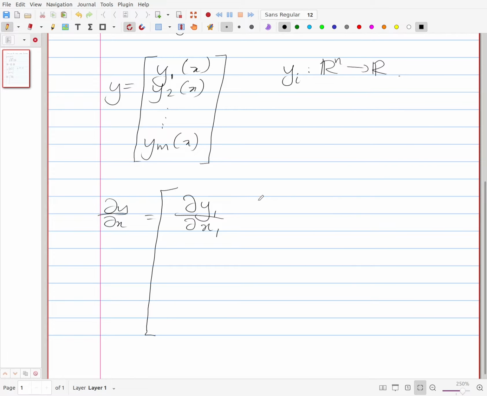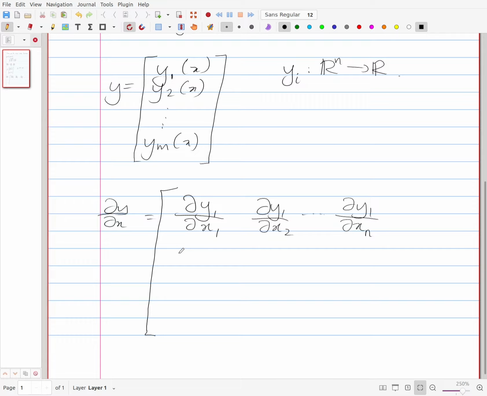And in the next column, we're going to take the partial of y1 with respect to x2, so with respect to the second x component, and so on. And the last entry here will be the partial of y1 with respect to xn, right? Because x has n components. So that makes up one row of our Jacobian matrix.